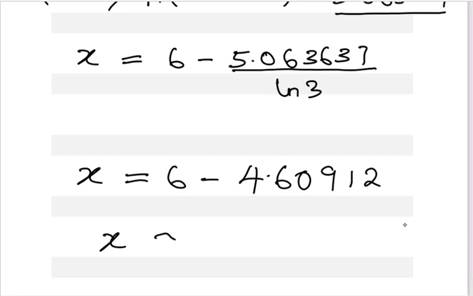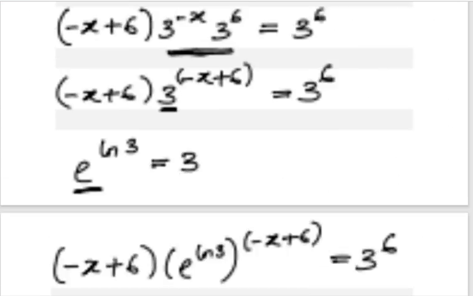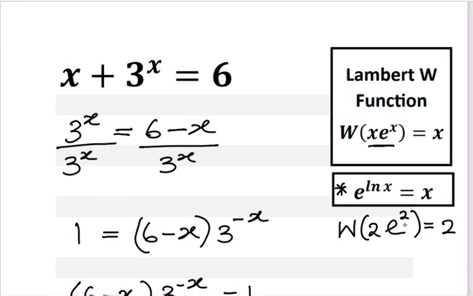So our x is approximately equal to 1.3909, and that solves your problem. So if you go ahead and substitute x here to be 1.3909, we are definitely going to get this value 6.